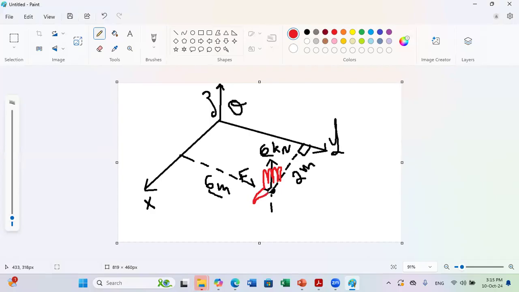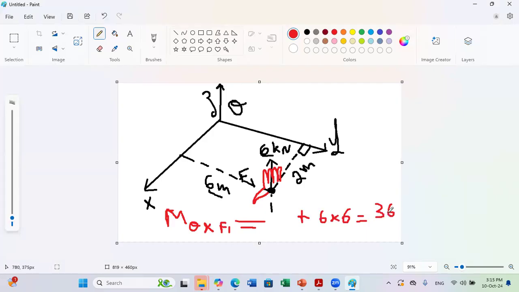So you can say that the moment is along positive x. So the moment about the x-axis passing by O of F1 is equal to plus 6 times 6, okay, which is 36.